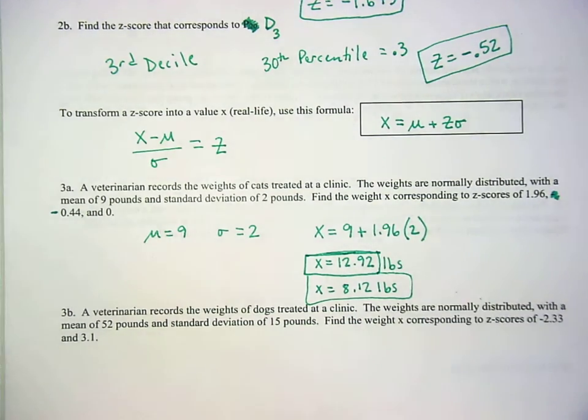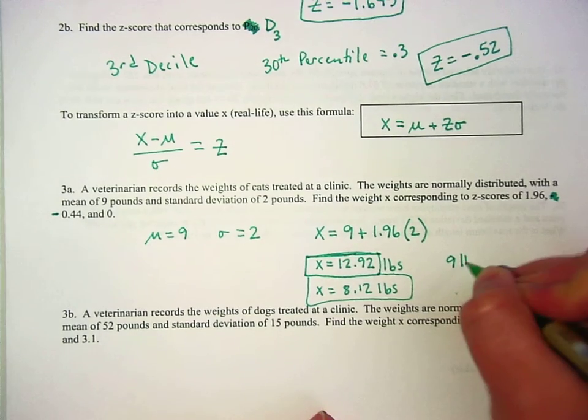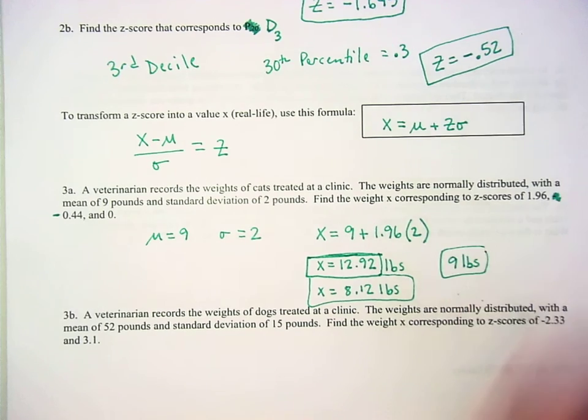You do not have to put the last one in your calculator. If something's z-score is 0, what is their weight? The mu, yeah, the average. So the third one is just 9 pounds, because if you are exactly a z-score of 0, that means you're exactly average. So the cat's 9 pounds.